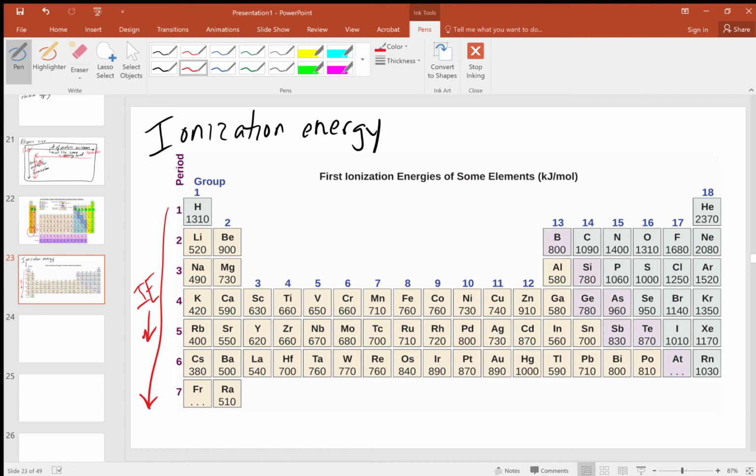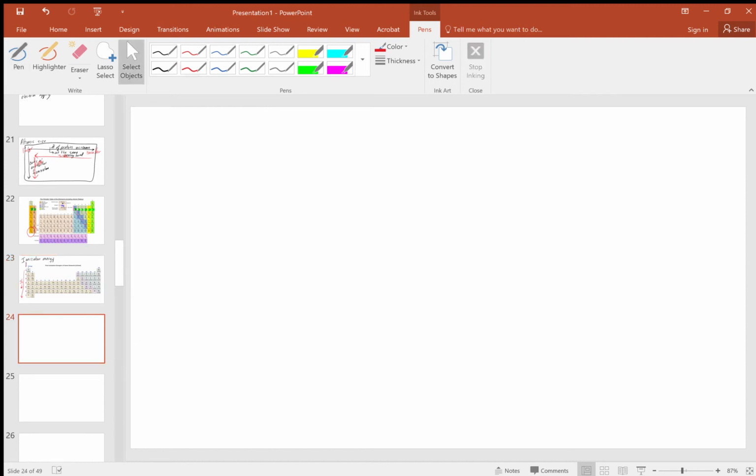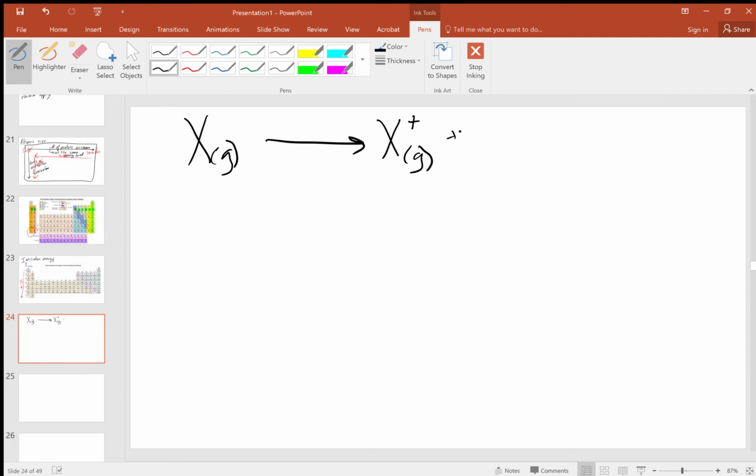But before we get too into that, let's make sure we have a good definition of ionization energy. So ionization energy is the energy that is required to remove an electron while an element is in the gas phase.